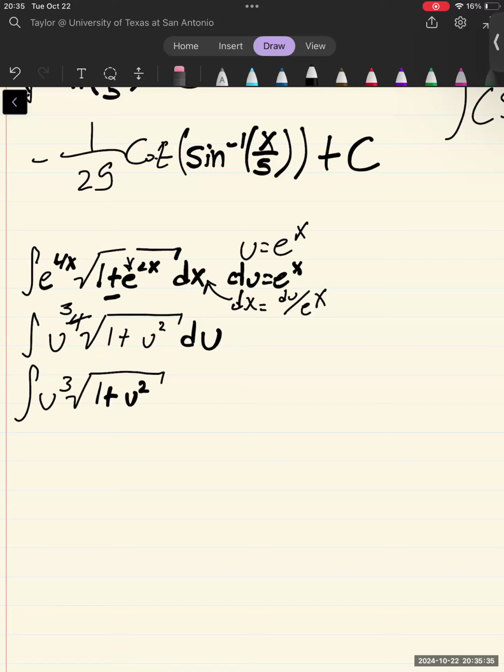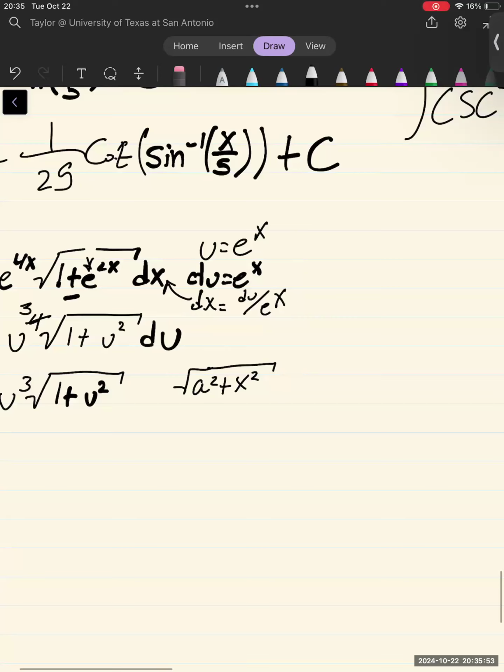All right, now we can use our identity, right? We're of the form square root of a squared plus x squared. In this case, I'm going to let u equal tangent theta. So then my du, what is the derivative of tangent?